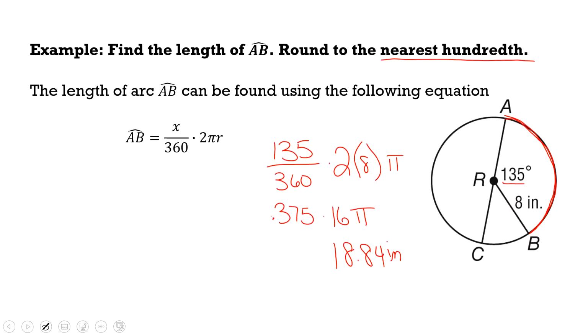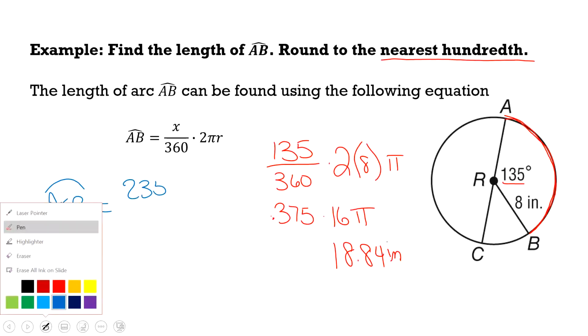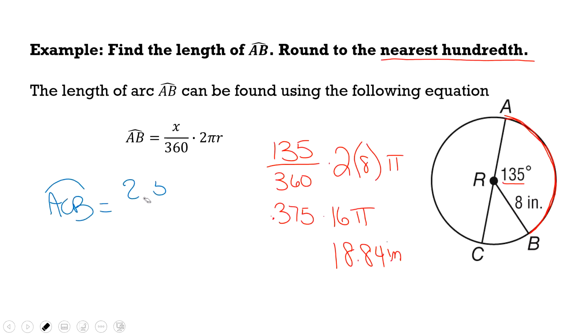If they wanted the length of ACB, we're switching that up and doing 360 minus 135, which is 225. My mistake. 225 divided by 360. Again, it's still times 16 pi.